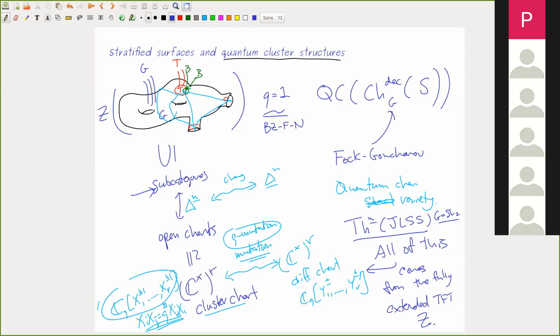Which is to say, there is a well-defined category once and for all, using this abstract machinery, called Z of this surface. It's defined once and for all.